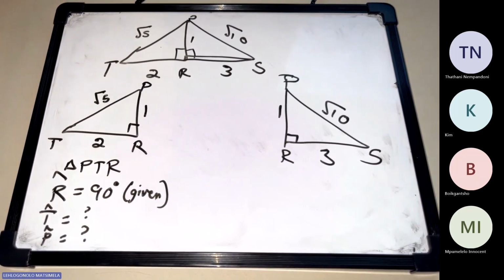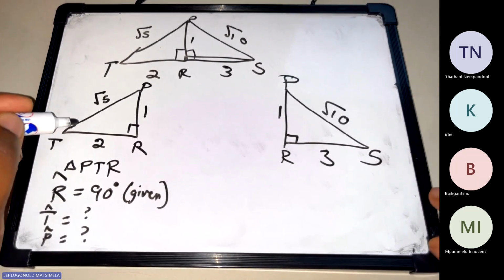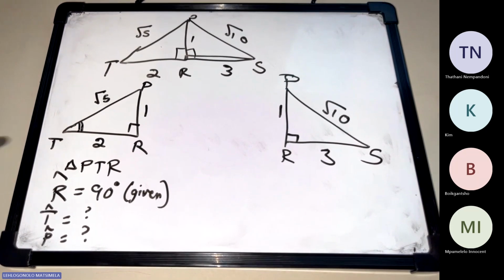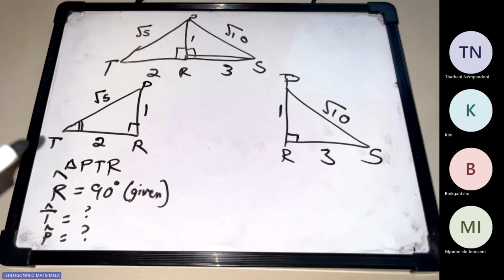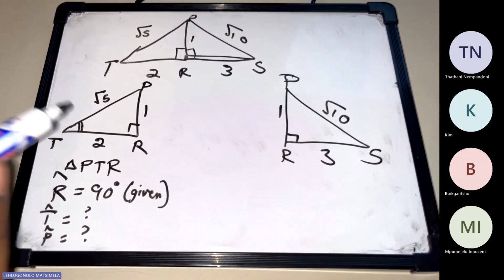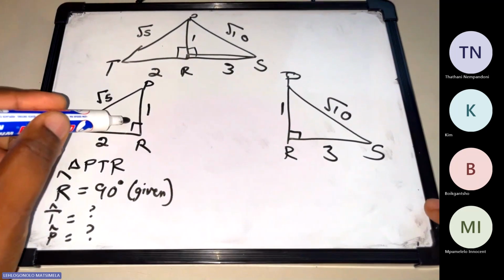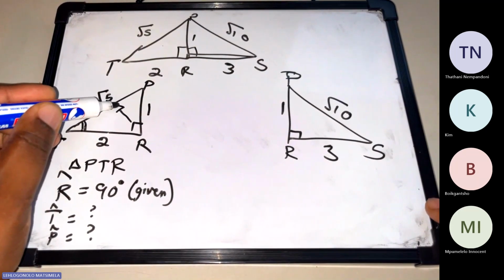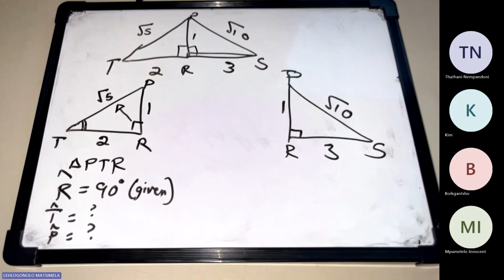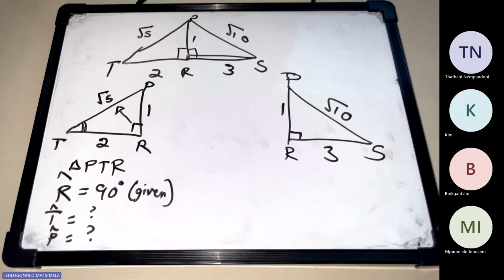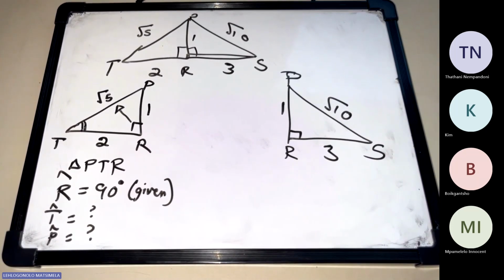Now, when we look for the angle at T, we have identified where the angle is positioned. Let's first identify which side is X, which side is Y, and which is R. When we draw the line from the 90 degrees, it points to the radius R, which is root 5.